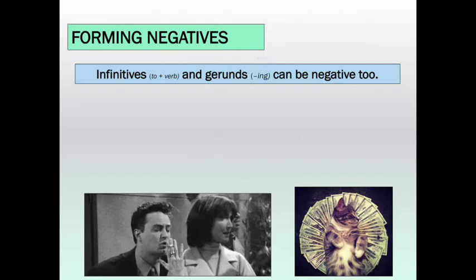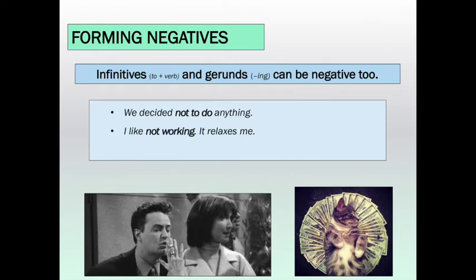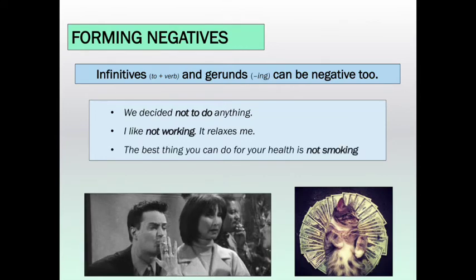So here are some examples. We decided not to do anything. I like not working. It relaxes me. The best thing you can do for your health is not smoking.